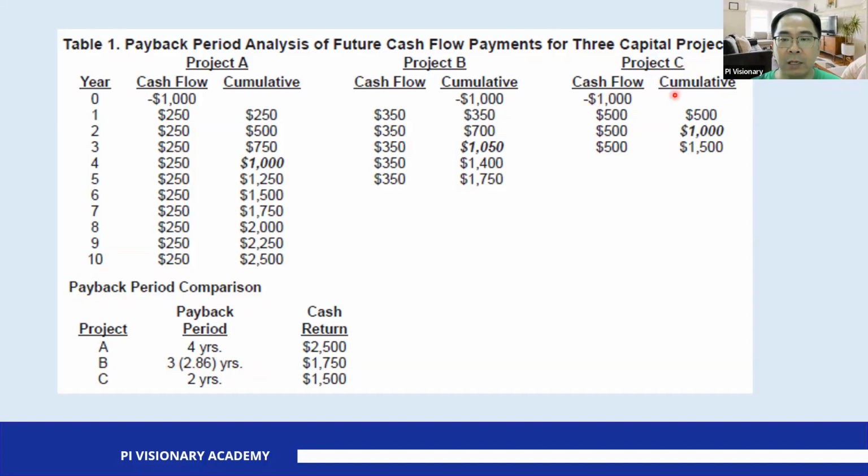Project C also has an investment of 1,000 ringgit. You can say this is machine A, machine B, machine C, from different suppliers, and they can generate different cash flow. Project C only requires 2 years. So let me ask you, Vivian, when we talk about payback period among projects A, B, C, which one is better?